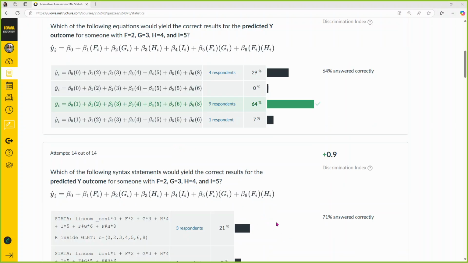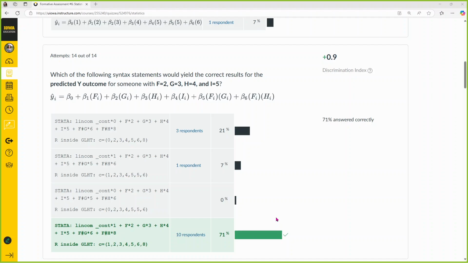All righty, next one. This is where rubber meets the road. You have your choice of a program, Stata or R. What I did, honestly, Lisa will attest, I took the quiz, okay?